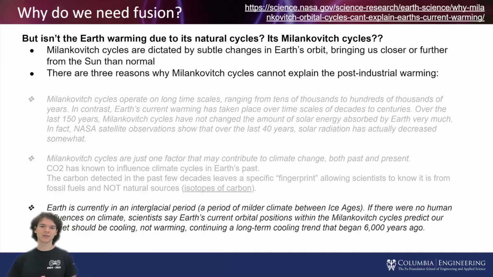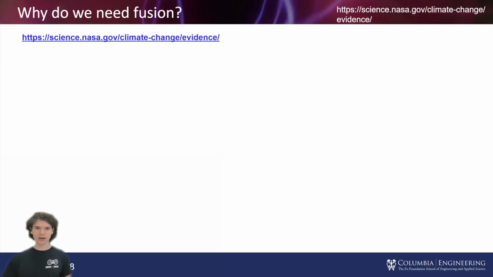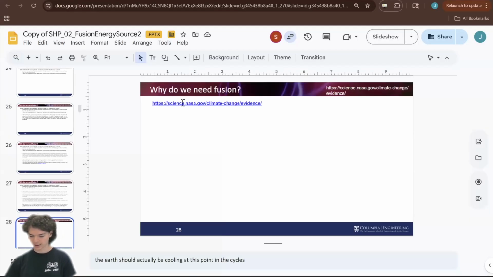And that's on par with the Milankovitch timescale length. So these are three reasons why we know things that are happening are not really natural, but more human-based. And now I want to bring you to another website here, and I'll scroll through it quickly.